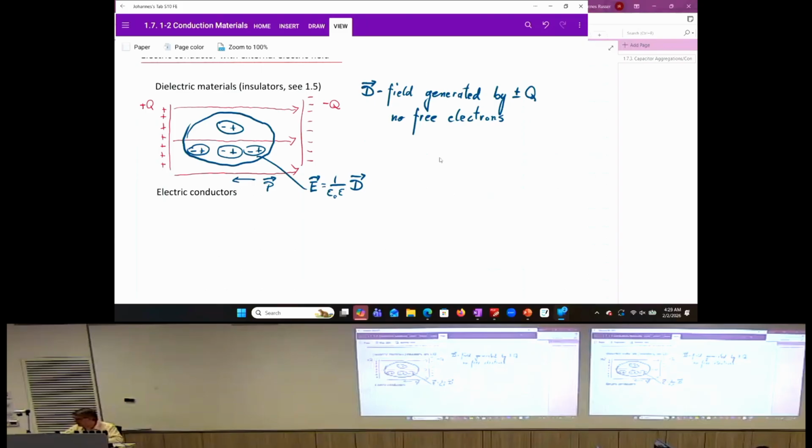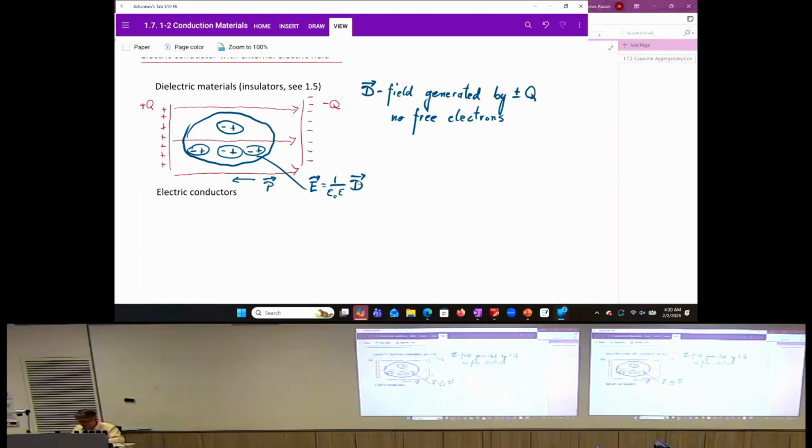As a consequence, in this graph you have a constant displacement field, and the E field is varying. Within the dielectric material, the E field is reduced compared to the E field outside, where the E field is 1 over epsilon naught times the displacement field, and inside it is 1 over epsilon naught epsilon relative times the displacement field.